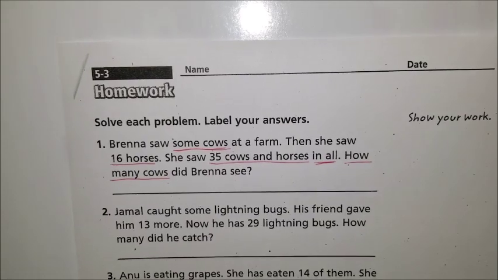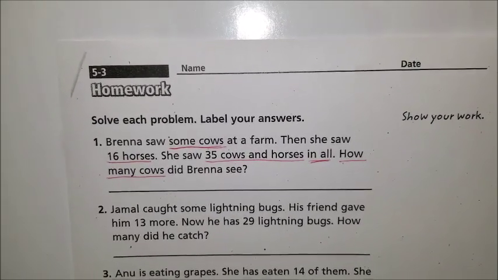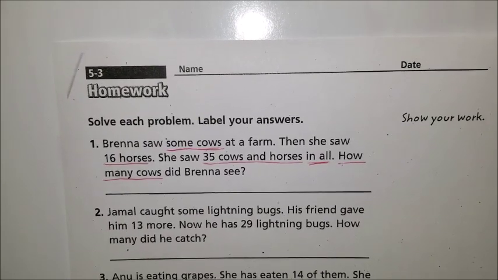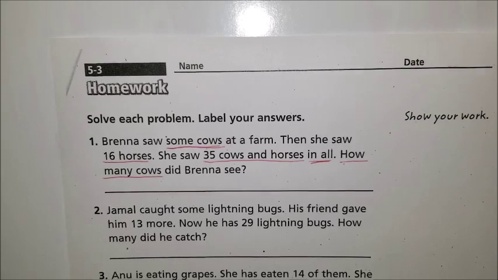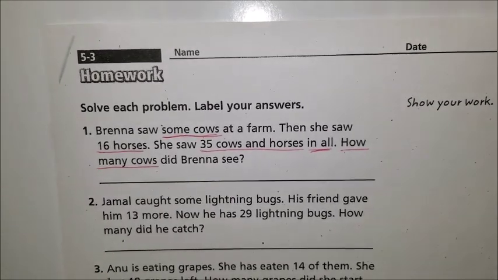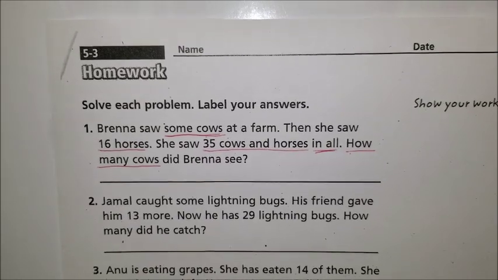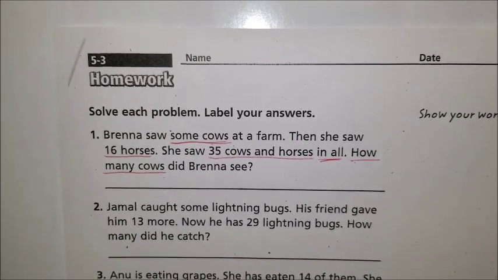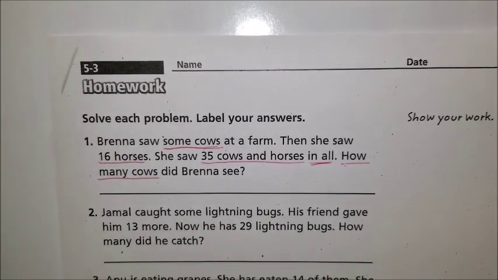Well, good job, third graders. That's exactly right. You found the important information and the hint words in the question. Very good. Now, if you still don't understand what to do, take a moment to try to visualize and think about what's happening in this problem. Because I see that it says that there's some cows.